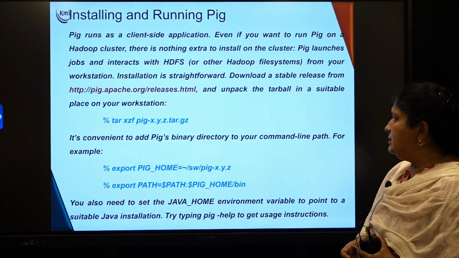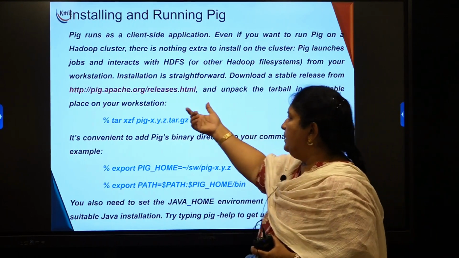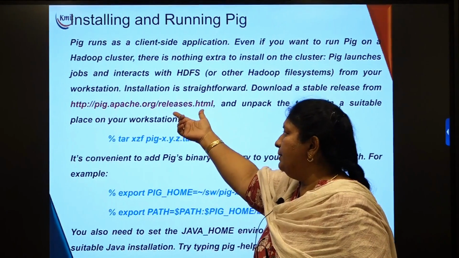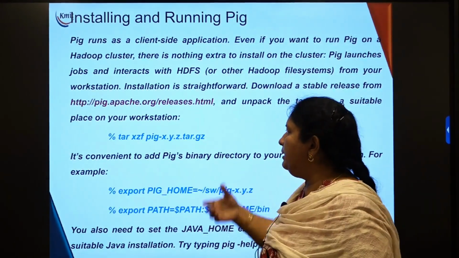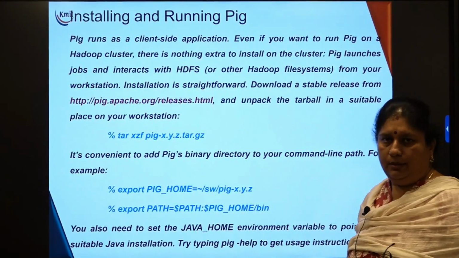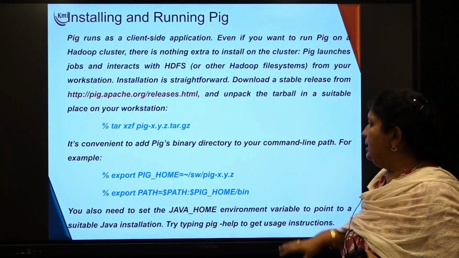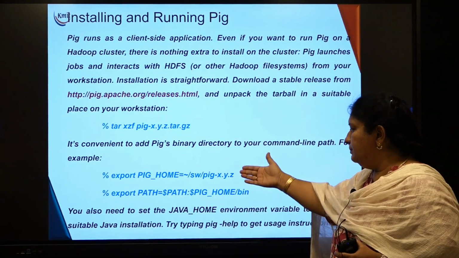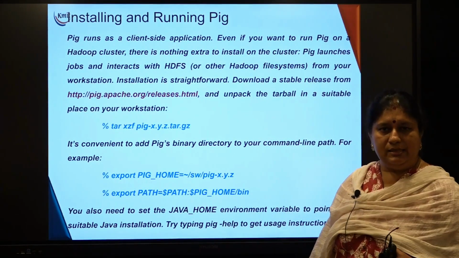Now how do we install? Simply from the original website, we try to download an appropriate version according to your requirement and then unpack the tarball, the installation file. Similarly, the bin directory can be placed in one of the paths in order to access it easily.